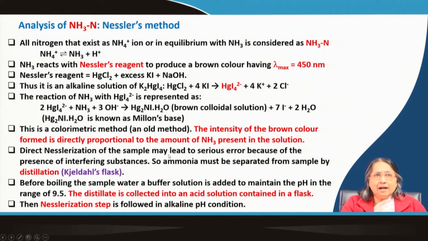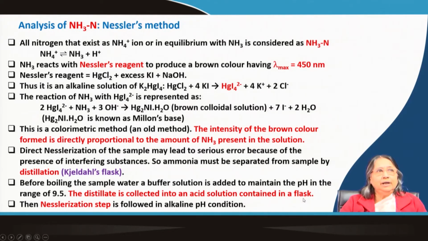Then after that, you have to be sure that the whole ammonia, 100%, has come out from the solution. Otherwise, your result will be wrong. So, this is the thing: before boiling the sample water, a buffer solution is added to maintain the pH in the range of 9.5, and the distillate is collected into an acid solution contained in a flask.